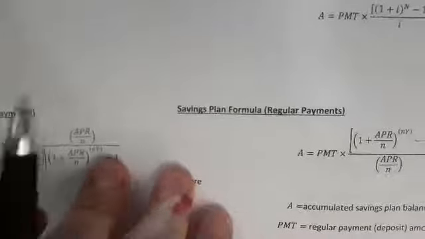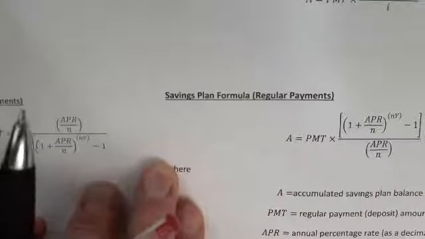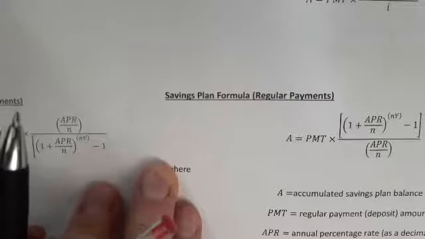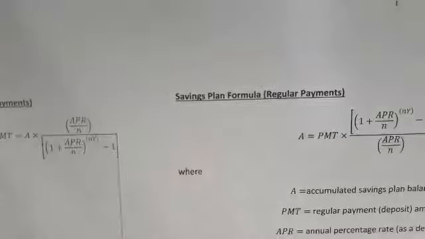We're just flipping that crazy fraction to put it on the other side. It's like we're dividing by a fraction or multiplying by its reciprocal, which is the same thing. So it is the same formula, just flipped to solve for the other variable. Okay, okay.